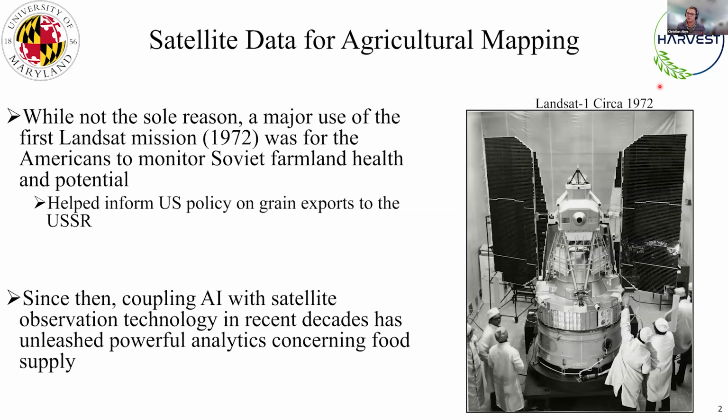It's not the sole reason, but one of the major reasons they did this was they wanted to monitor Russian, or Soviet, agriculture in the early 1970s. So it's interesting how today we're talking about Russian agriculture, why it's important, and the new stuff we've been doing with it.